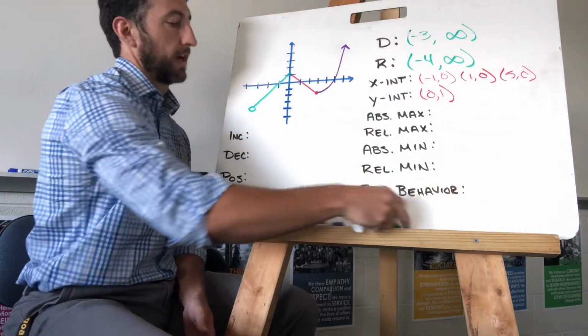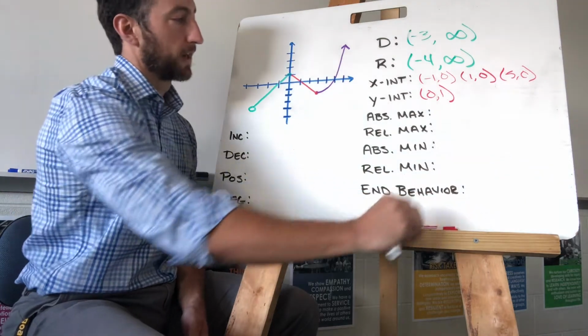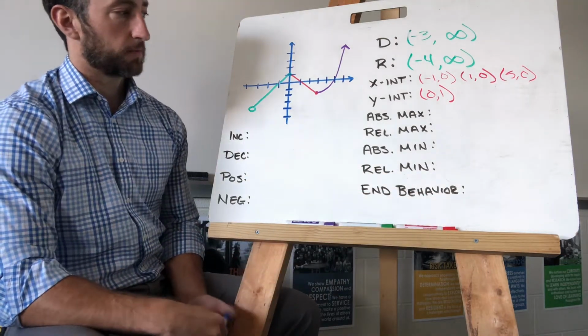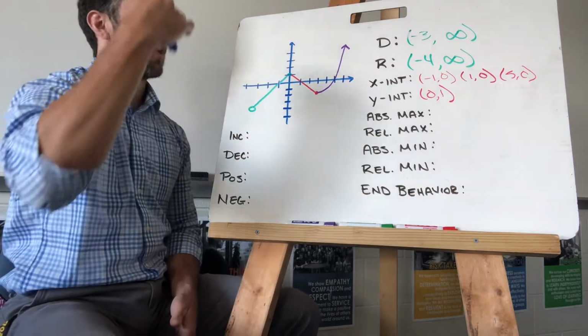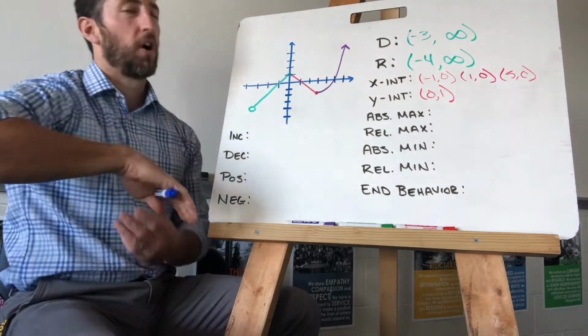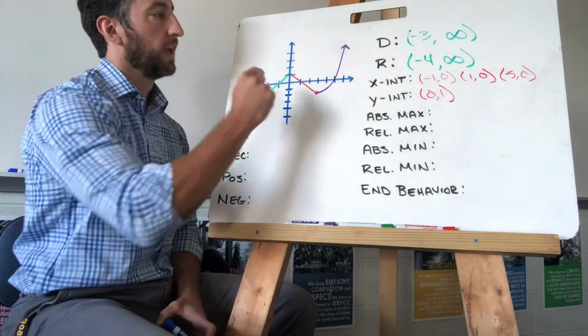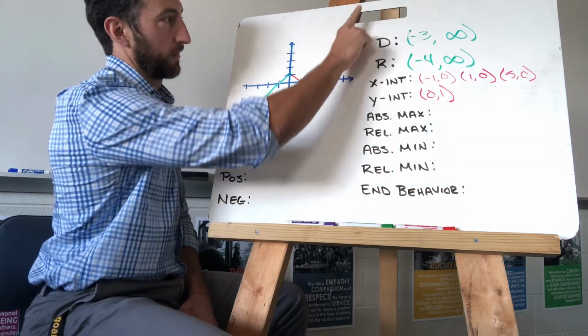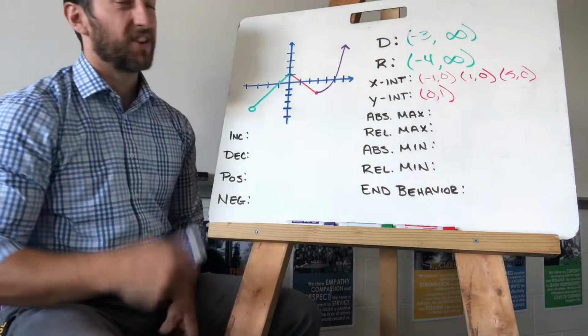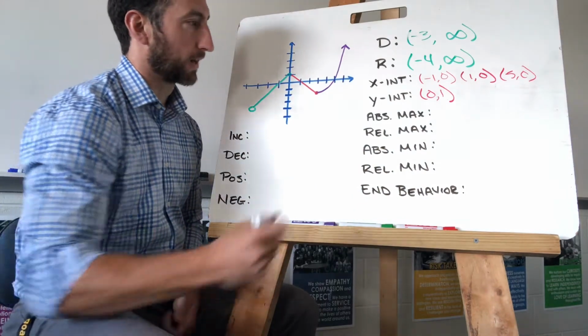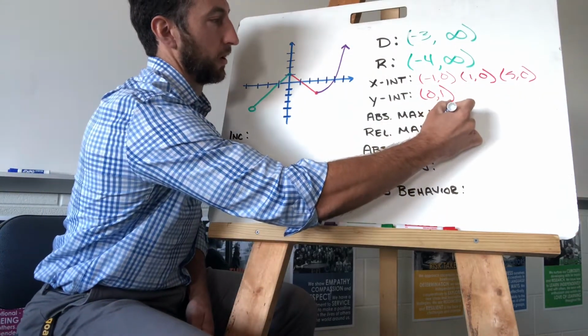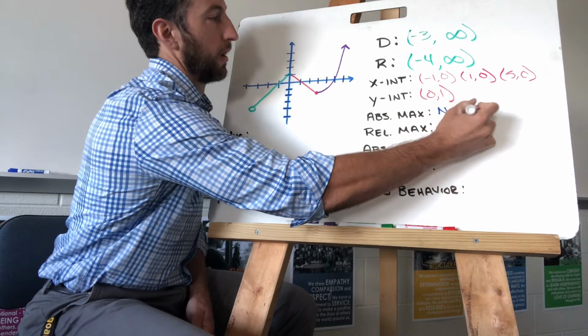Now we want to look at our absolute maximum and our relative maximums. Absolute maximum is the highest number over the whole entire graph, so it's the highest point. In actuality, since our graph continues to go up forever, there's not an absolute maximum for this one, so we're going to put none for that.